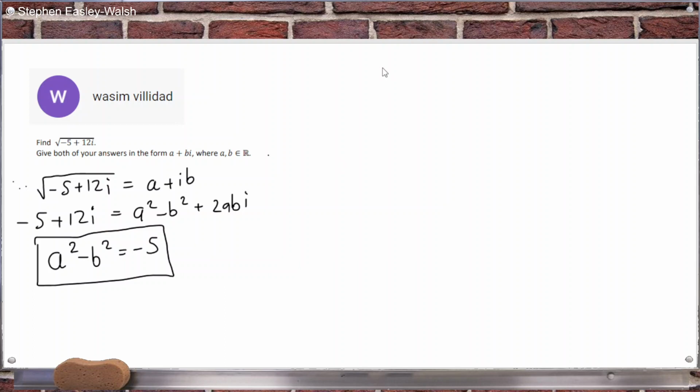So the second equation I can get by looking at the magnitude, the modulus. So the modulus of the square root of minus 5 plus 12i is equal to the modulus of a plus ib.